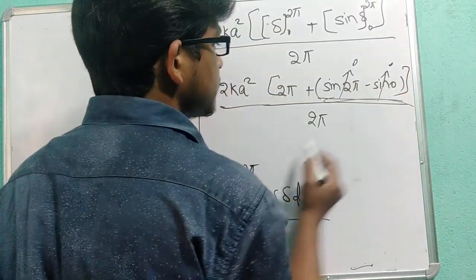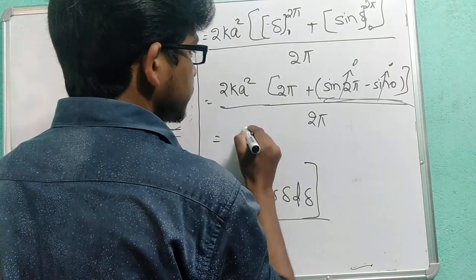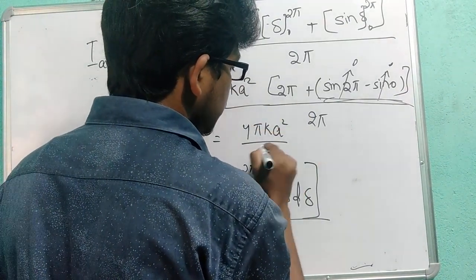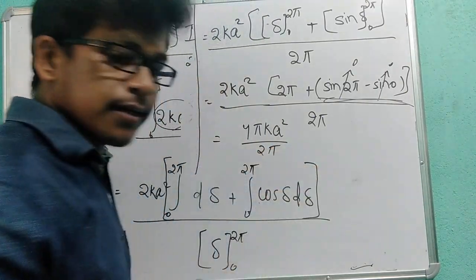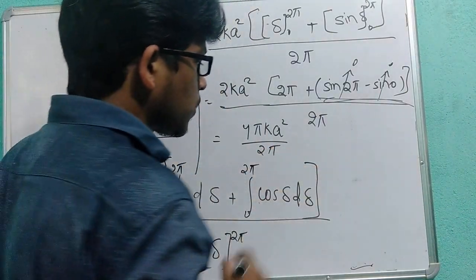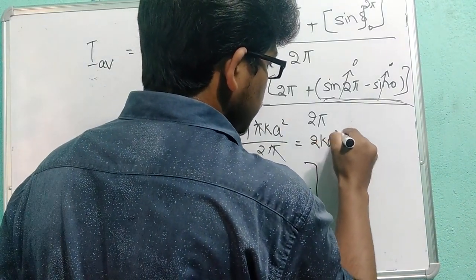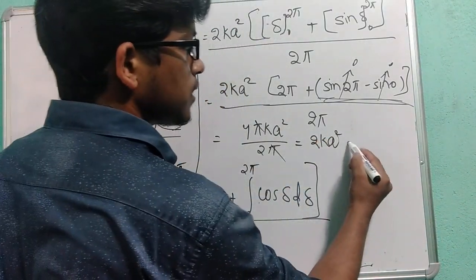This part vanished, only 2 pi is left, so 4 pi k square divided by 2 pi. Okay? So what is left? Pi gets cancelled, 2ka square. What is this one?